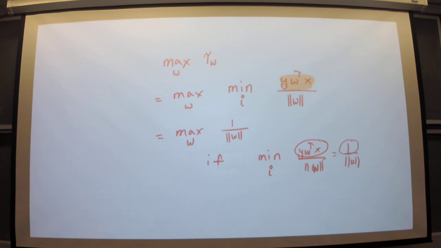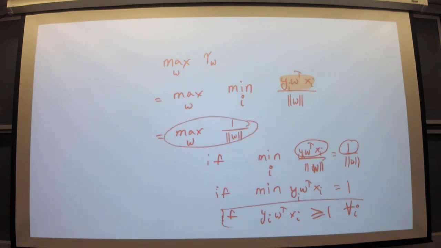Or equivalently, if the min over i of y_i W transpose x_i equals 1. Or equivalently, if y_i W transpose x_i is greater than or equal to 1 for all i. I want to maximize this quantity such that this condition is true.